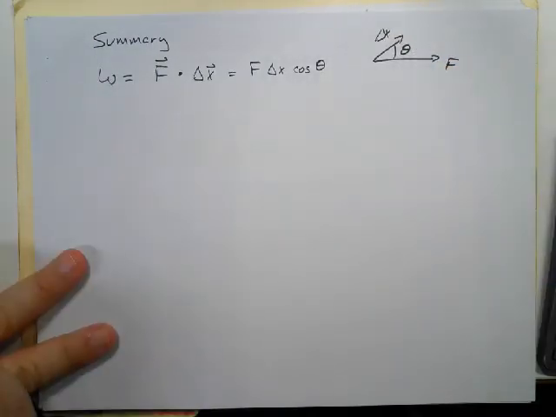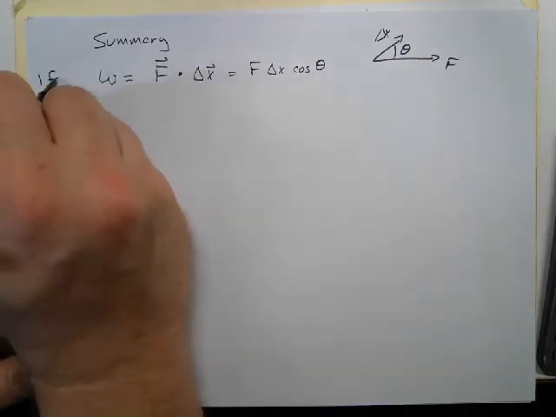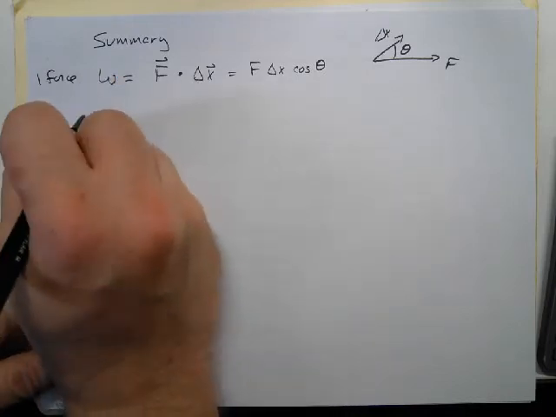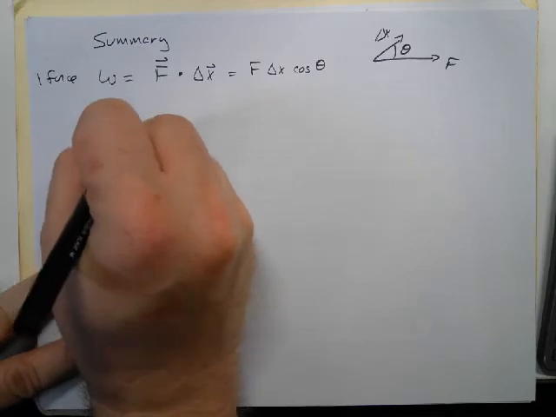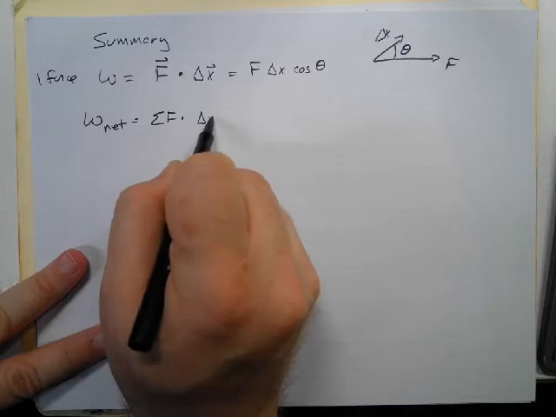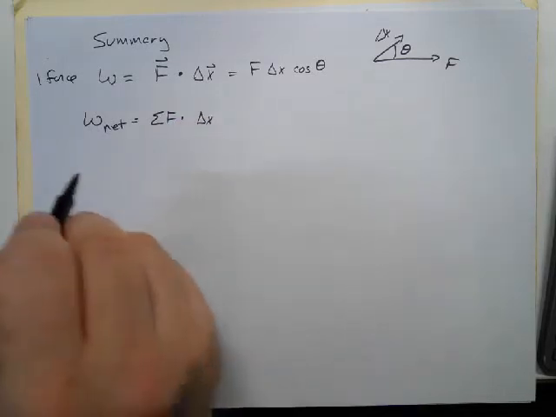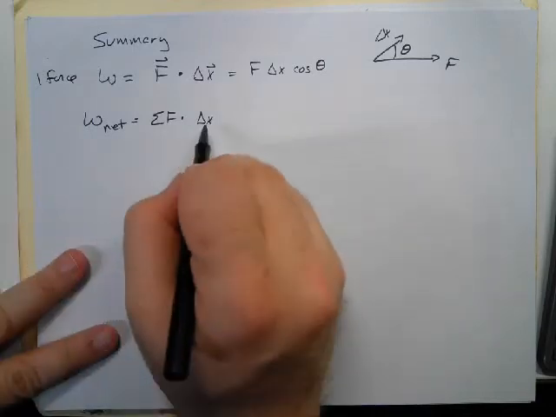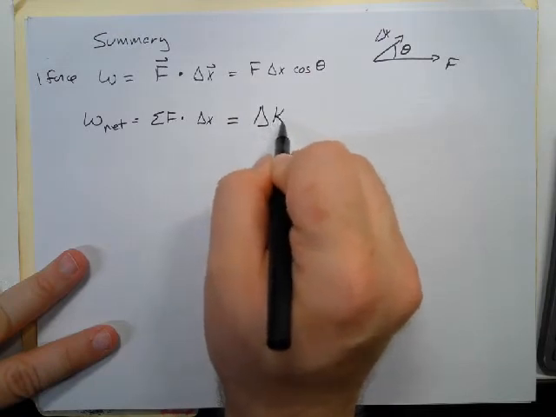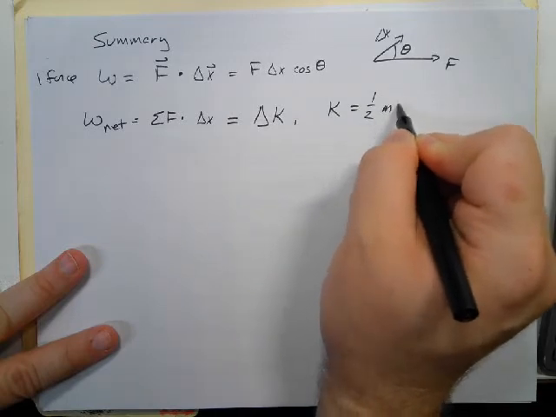So there's our definition, the work for a single force. So the net force gives you the net work. So the net work is sigma F dotted with delta x. And this is just adding up all the forces. And so you'd have a bunch of force vectors and you do the vector addition of them. But this has to be the change in kinetic energy, where the kinetic energy is 1/2 mv squared.